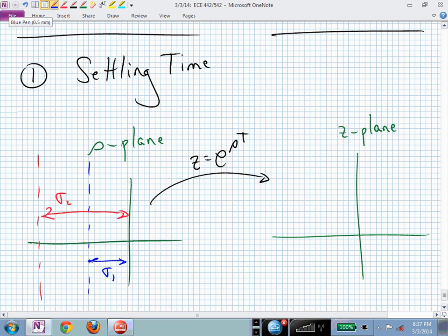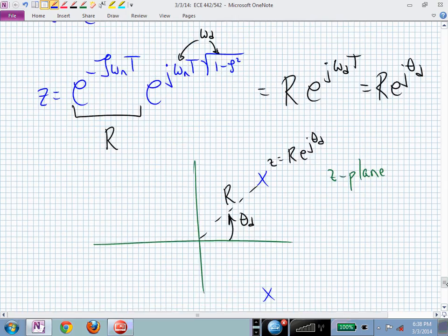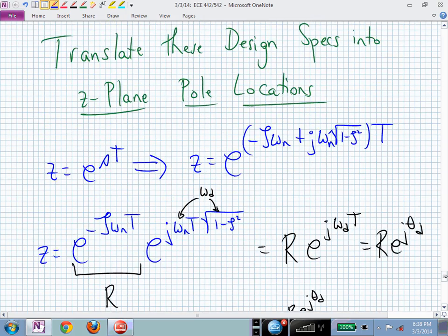Let me just pick something, and now this gives me e to the minus sigma 1 t. That gives me my radius, doesn't it? If I go back here, zeta omega sub n is sigma. E to the minus sigma t gives me a radius. If you fix sigma sub 1, a vertical line in the s-plane, at some location, that's going to fix my radius in the z-plane. So I could be anywhere on this radius away from the origin in the z-plane.